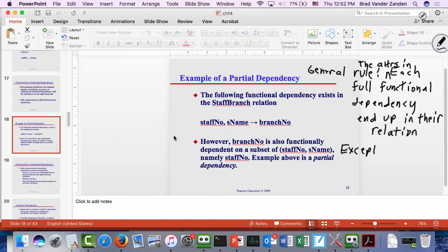Now there's one exception, and that exception is if a full functional dependency denotes a candidate key, and that candidate key is not selected as a primary key.